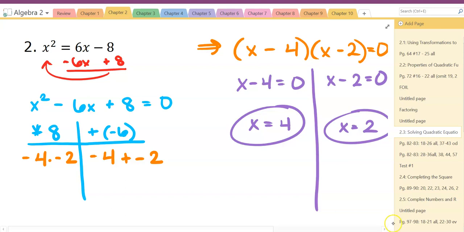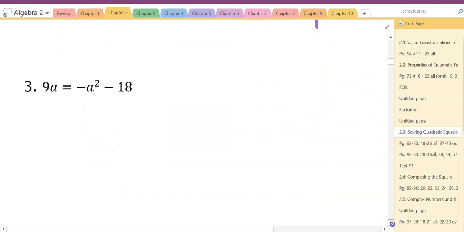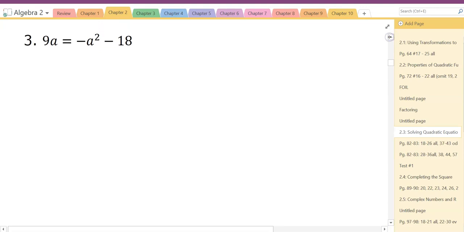Okay, let's take a look at the third one. So we have 9a equals negative a squared minus 18. So again, to get this one started, we need to rewrite it. We got to get all those terms on the same side of the equal sign. Like I said earlier, I like to keep that x squared term positive if I can. So I'm going to add a squared and add 18.